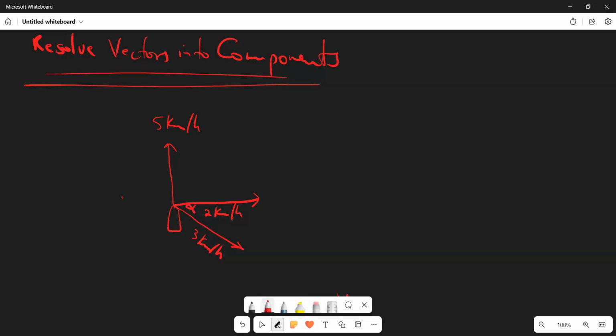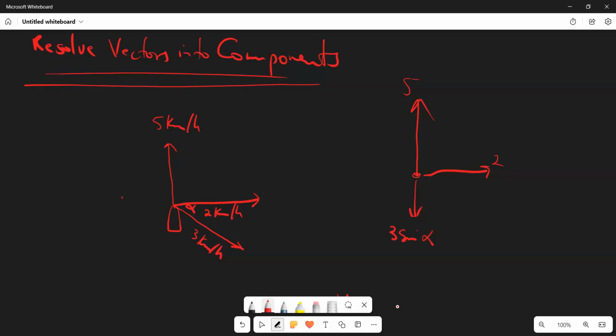You have the 5 going that way. You're going to resolve this 3 downwards, and you're going to get 3 sine alpha. And then you're going to go this way. So this is the 2.